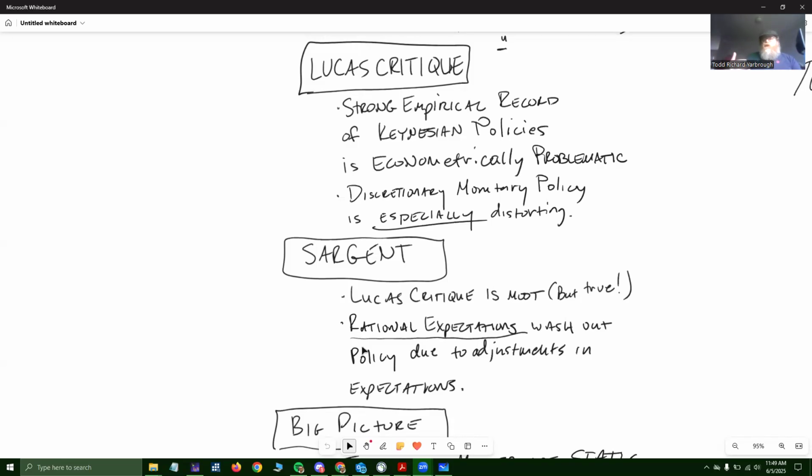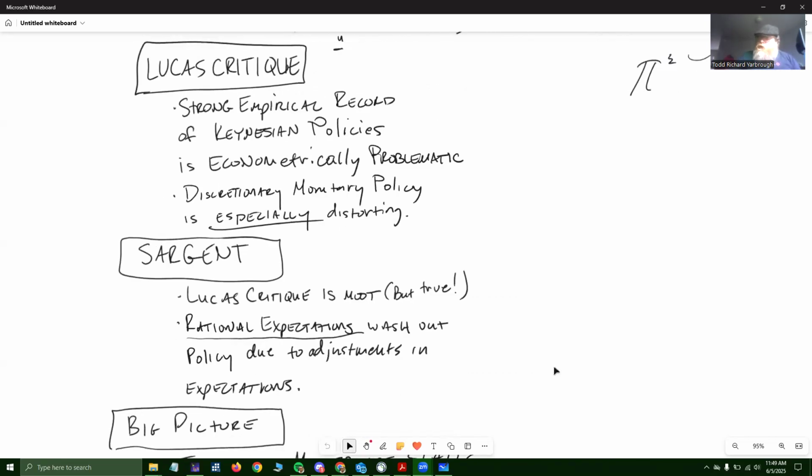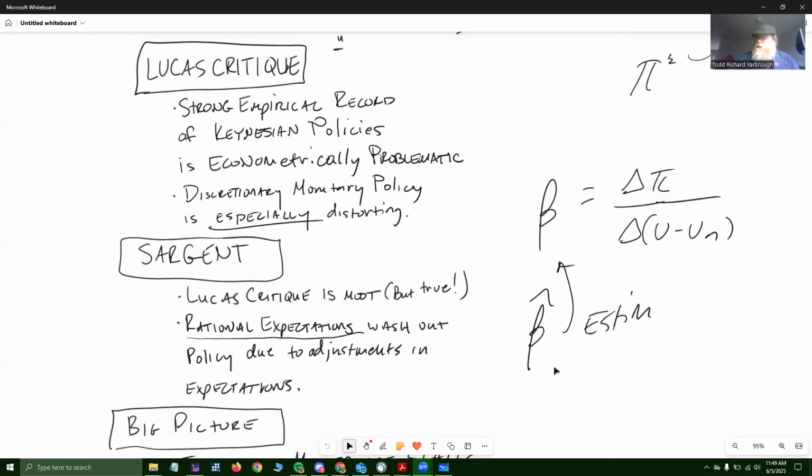And Lucas argued that the estimation of that beta was incorrect, right? One important idea in empirical economics is that when you estimate a parameter, so beta, in the traditional Phillips curve, and remember, beta is the change in inflation relative to a change in the unemployment gap, we call the estimate beta hat. So beta hat is the estimate of beta.